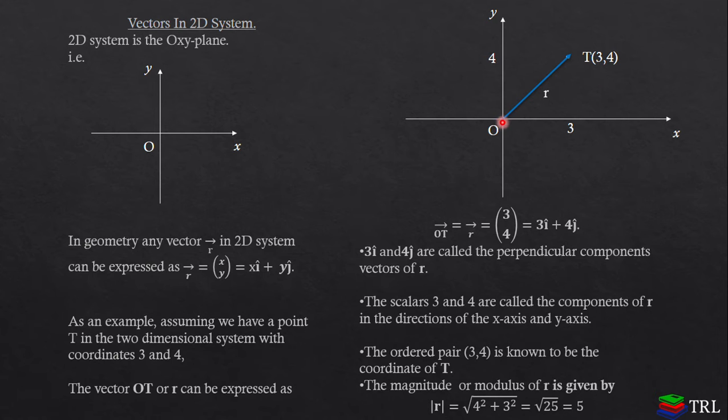So we have 3 minus 0 all squared, which is 3 squared, and 4 minus 0 all squared, which is 4 squared, giving me the root of 25, which equals 5. Now we represent vectors in this particular form to make addition of 2 or more vectors very simple and clear.